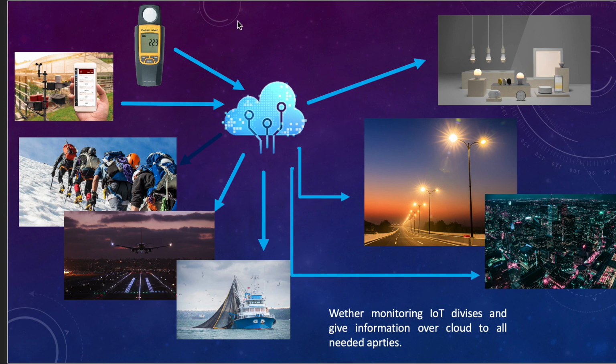Wind speed, intensity of sunlight, humidity, whether it's raining or not, the temperature outside, whether it's cold or hot. Those data can be sold to people who need them.